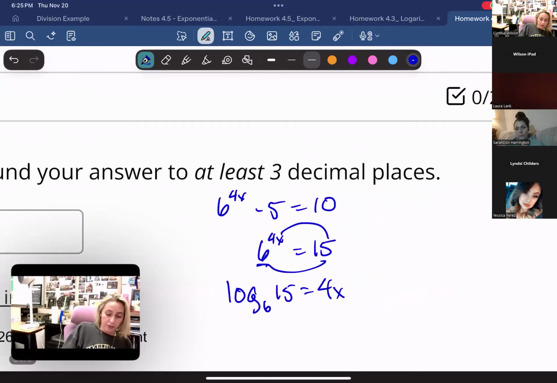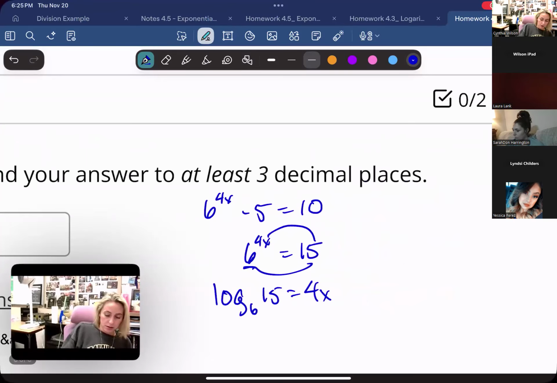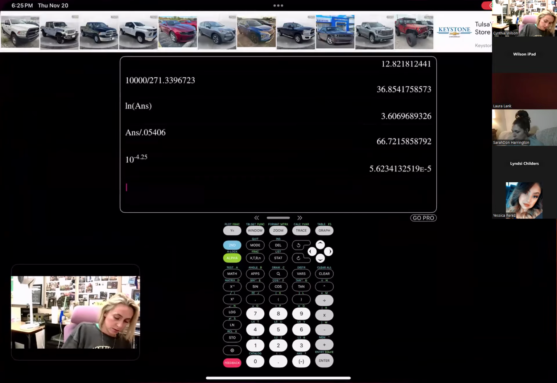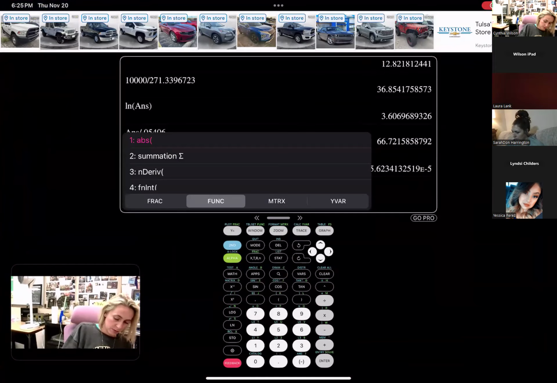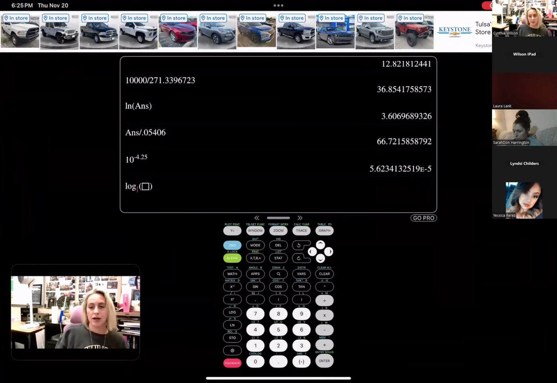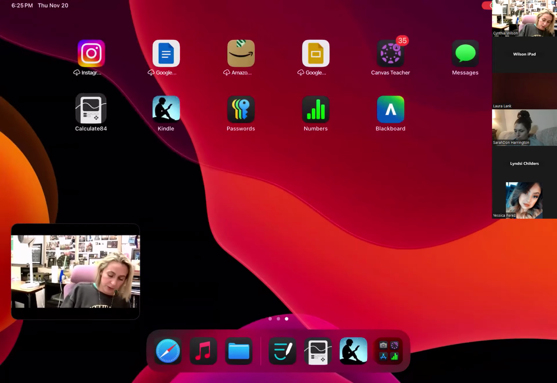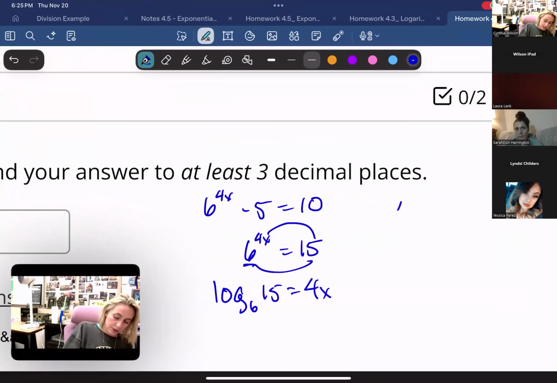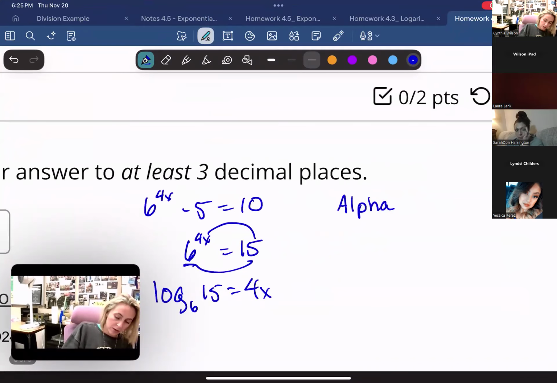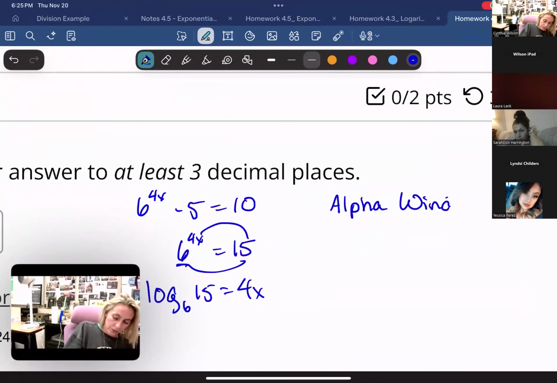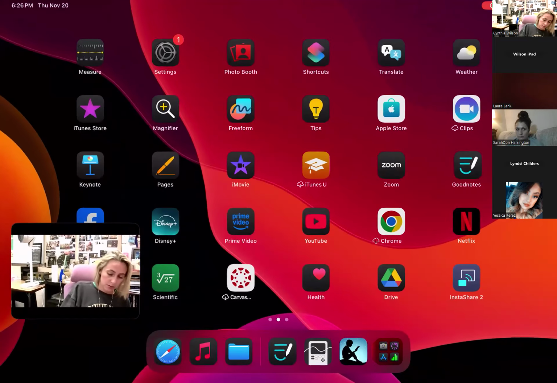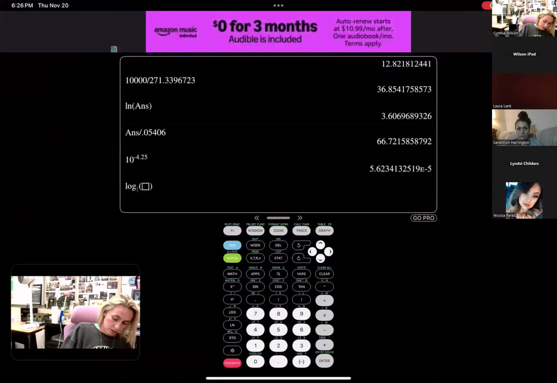If you have the 84 calculator, I don't know if this is going to work. Hopefully it does. Alpha window. It does. I wasn't sure my emulator was going to do it, but if you have the 84 calculator, your button sequence is alpha window 5, log base 6 of 15.